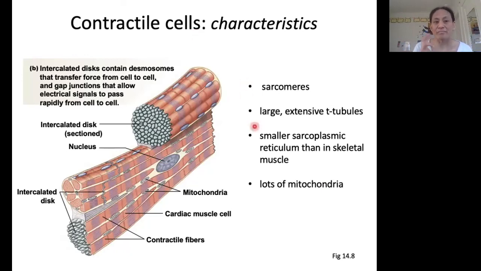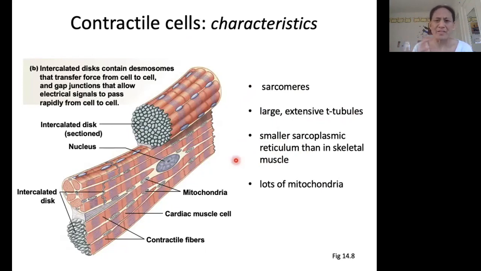Contractile cells are similar to skeletal muscle in many ways, but here are some differences. We've got large, extensive T-tubules. Another difference is that we have a smaller sarcoplasmic reticulum than in skeletal muscle, and that has to do with where the calcium comes from for the muscle contraction in cardiac cells.